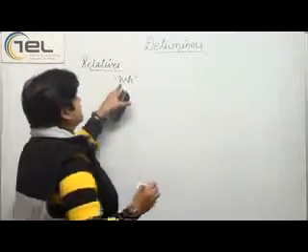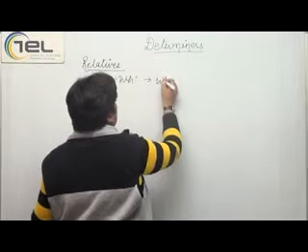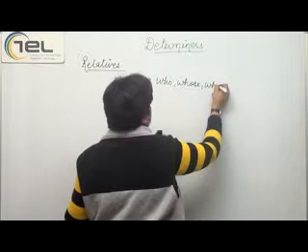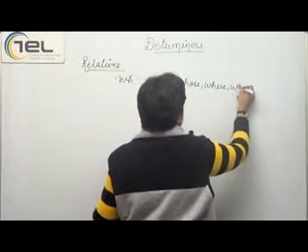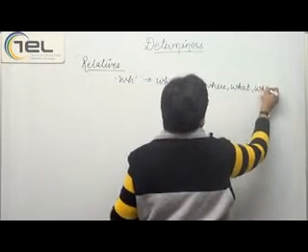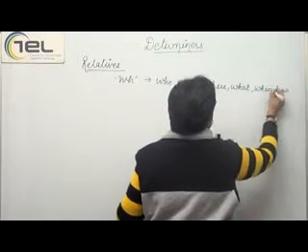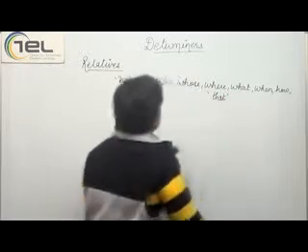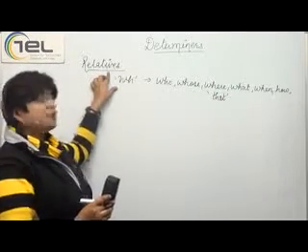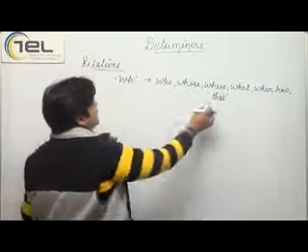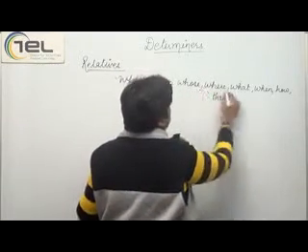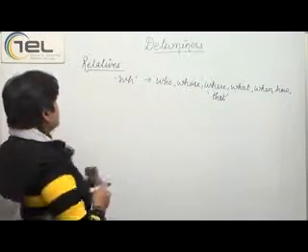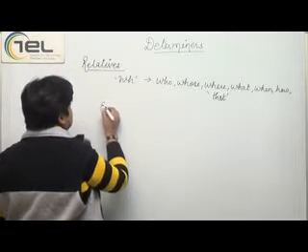The WH family here comprises who, whose, where, what, when, how, and it even takes that in this category. Why? Because they are not only relative pronouns, they are also relative adjectives. So they all come into the category of relatives. Now let's take a few examples here.